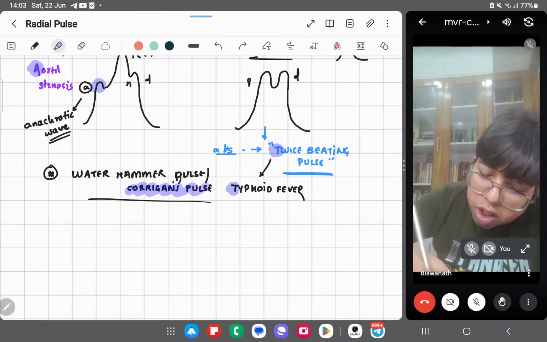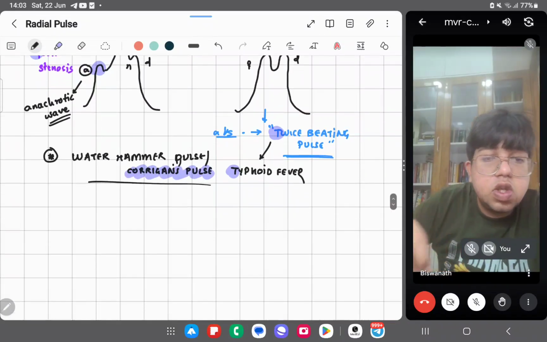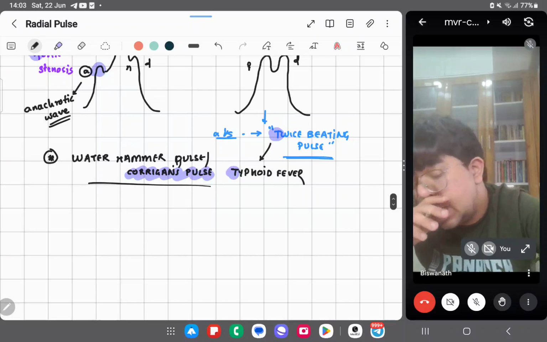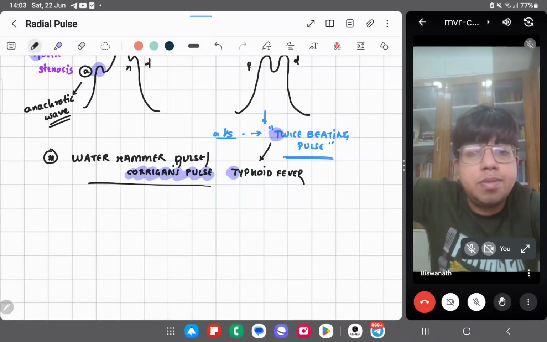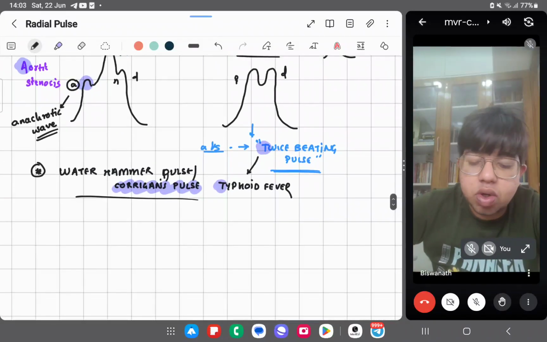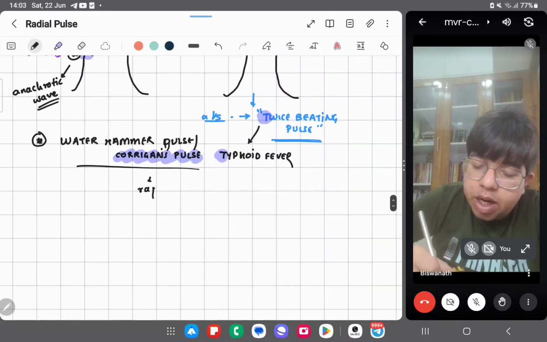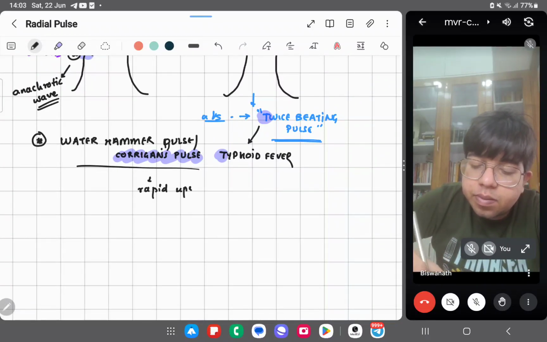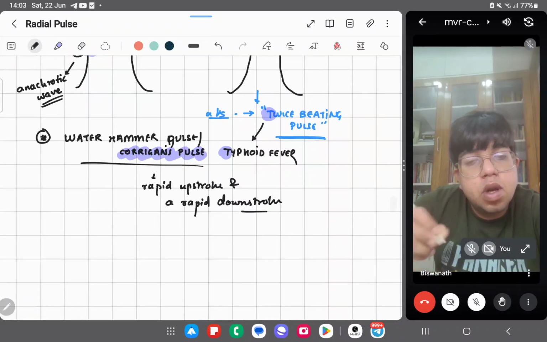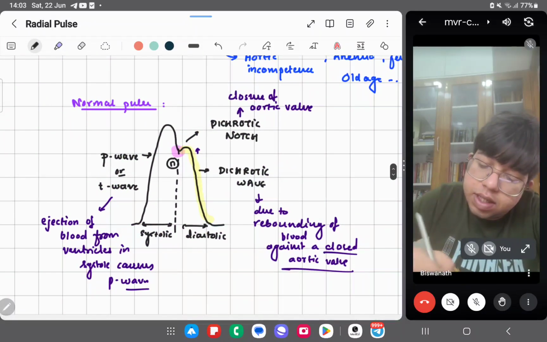This name is important. So here, what is basically occurring? We have a rapid upstroke and a rapid downstroke. This upstroke is very rapid.